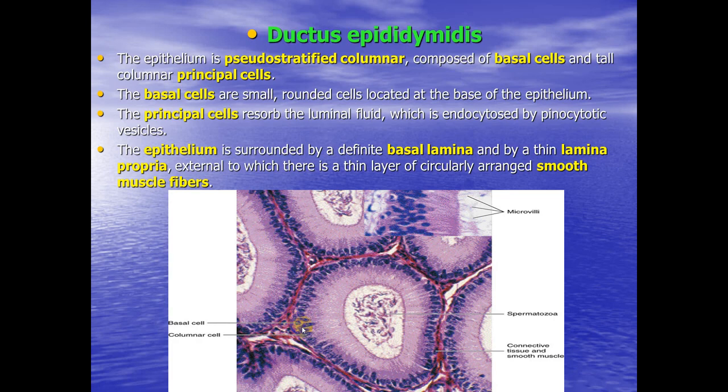Low small cells are basal cells. They don't reach the lumen of the ductus. But tall columnar cells reach the lumen and have cilia. That's why now all cells look like one another. They are tall columnar and have cilia, but between them are present short basal cells.